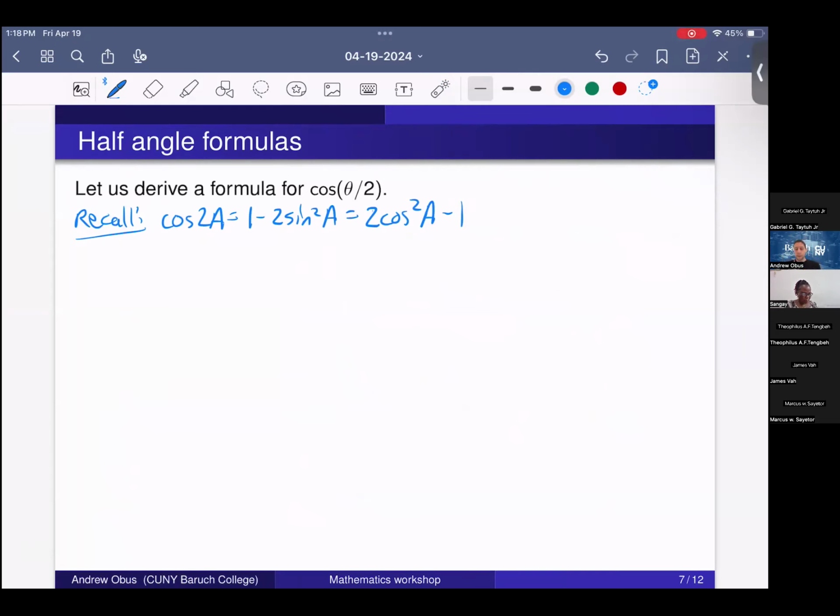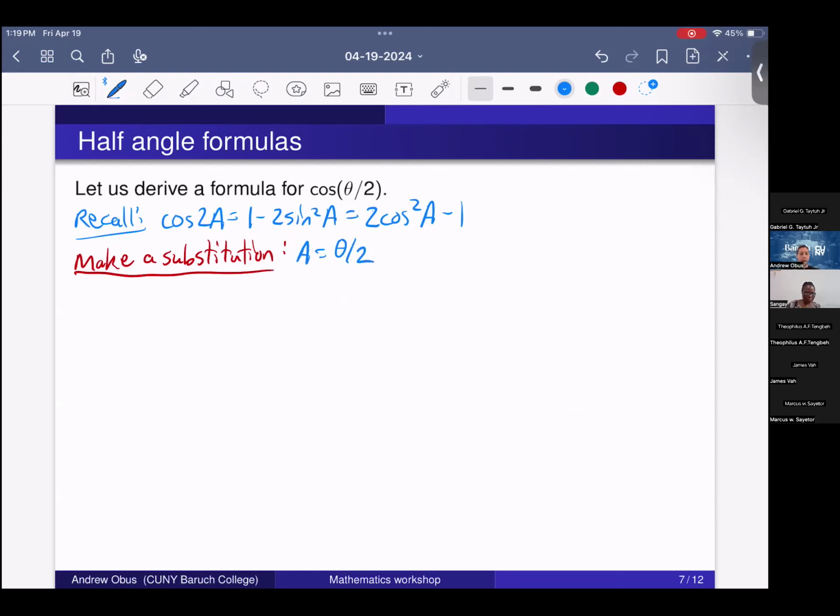Okay. So if we want to derive a formula for cosine of theta over 2, what we have to do is just make a substitution. What substitution do we use? Well, I'm going to write the substitution a equals theta over 2. Right?